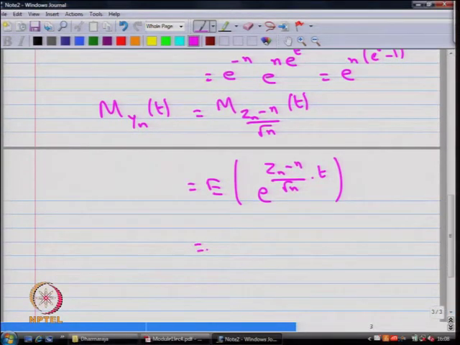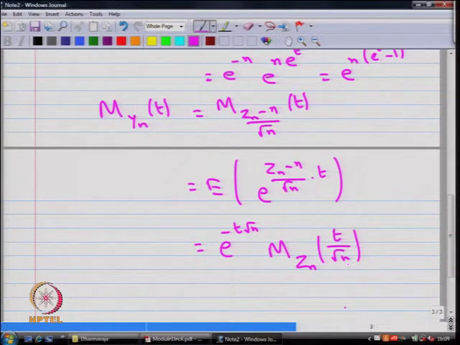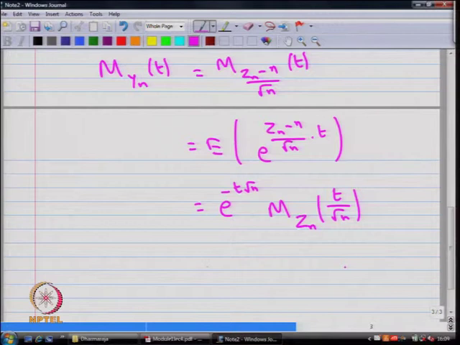You know the rules of a moment generating function, the constant comes out. So, it becomes e power minus t times root n, because n t by root n is t times root n. Then the MGF of the random variable Zn, use another rule of a moment generating function: instead of t it becomes t divided by square root of n. So, that is same as e power minus t times root n.